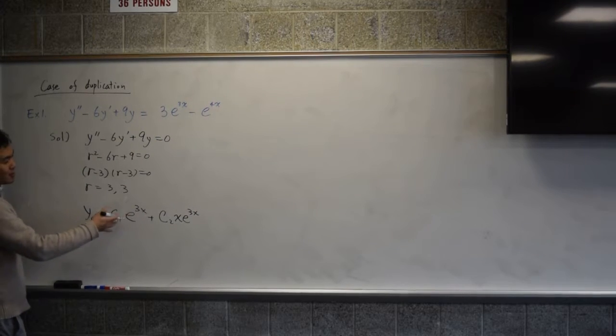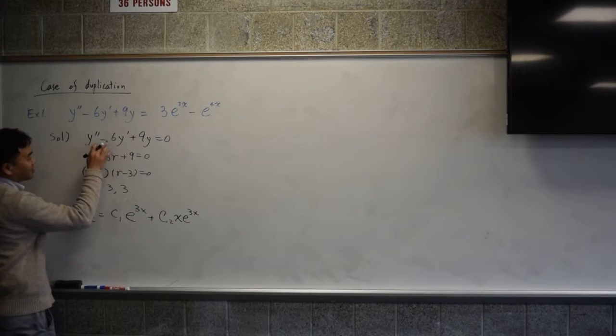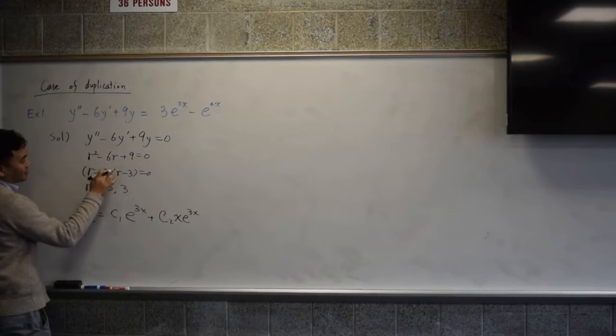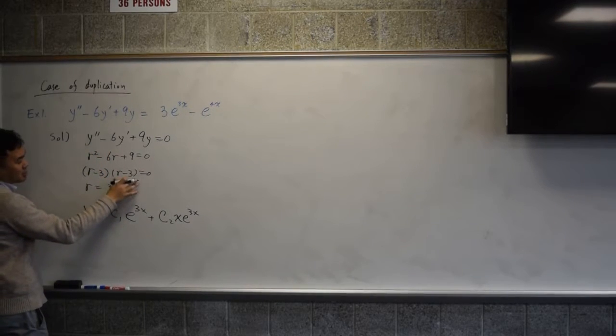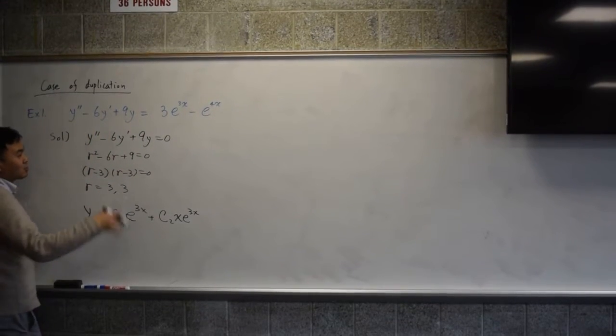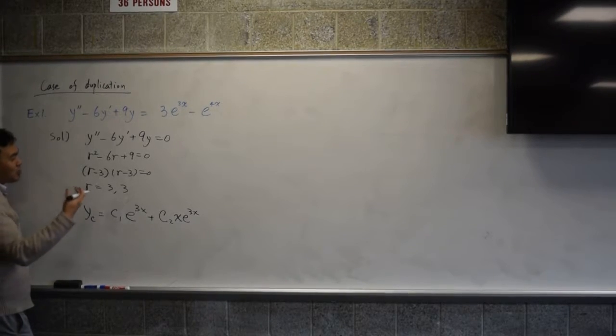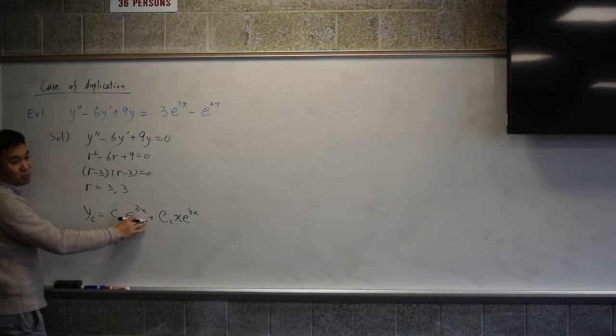So, again, this kind of has that feel to it. This is like r minus 3 and r minus 3. So this operator that's acting on the function y is like twice as harsh against this e to 3x.